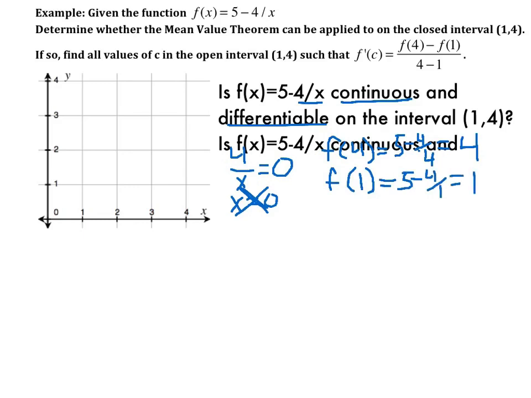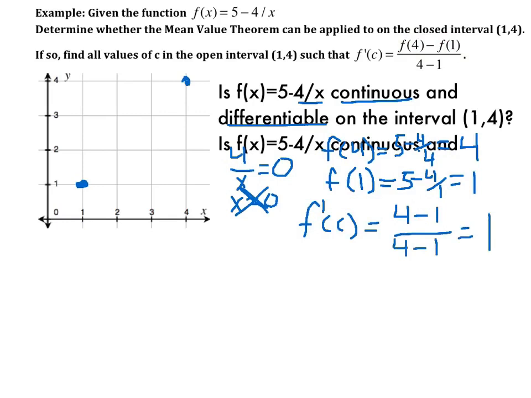Okay, so this gives us the points 4, 4, which is right here, and 1, 1. And let's go ahead and find f prime of c, substituting in our f of 4 and our f of 1 right here. So we get 4 minus 1 over 4 minus 1, which equals 1.